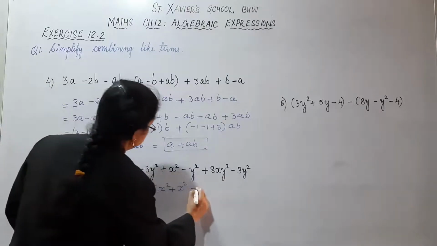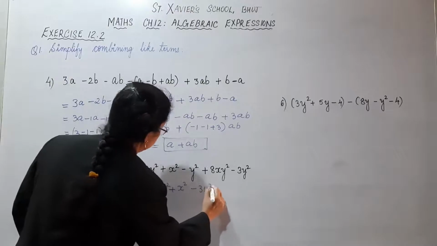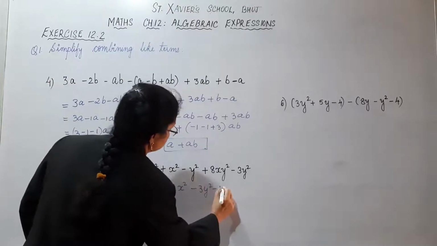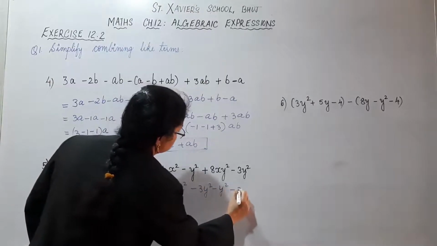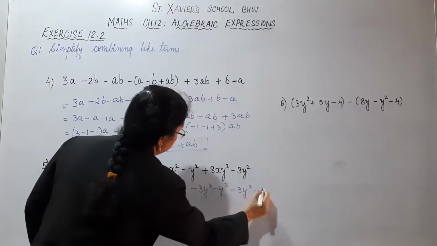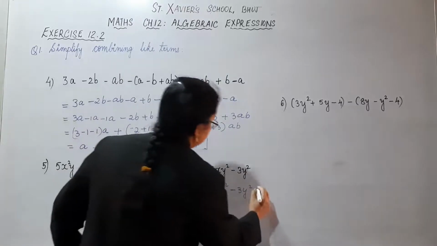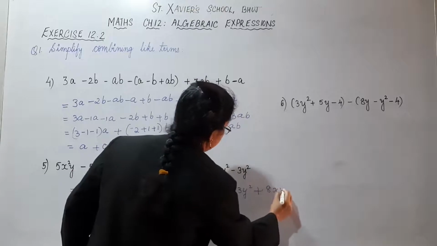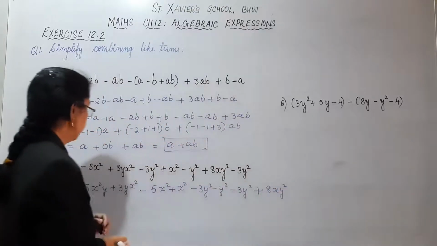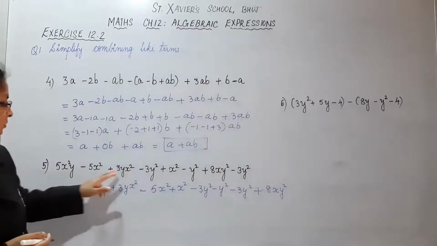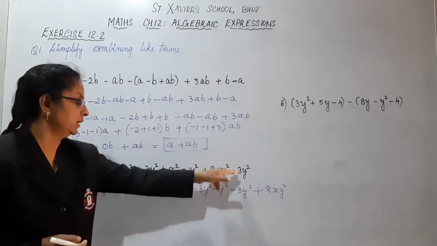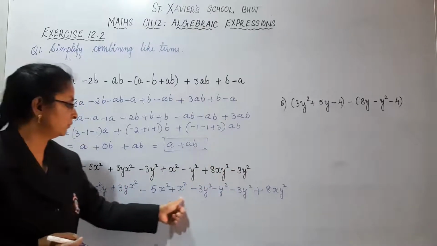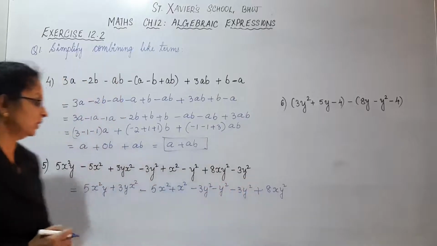The next one is minus 3y square, minus y square, minus 3y square, and last plus 8xy square. Let us check the terms. 1, 2, 3, 4, 5, 6, 7, 8. 1, 2, 3, 4, 5, 6, 7, 8. We got all the terms.